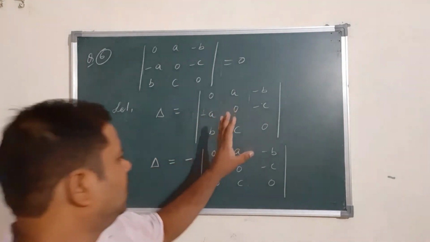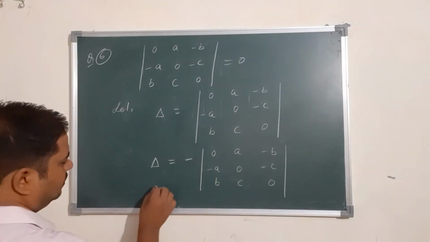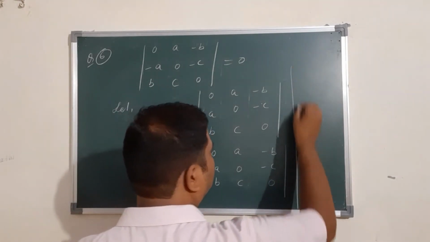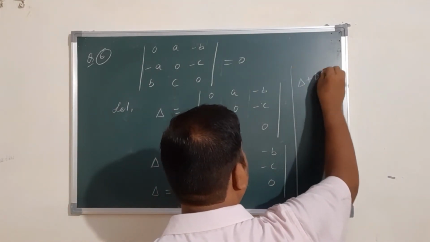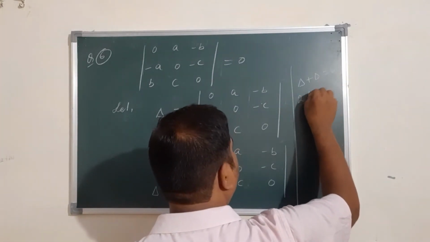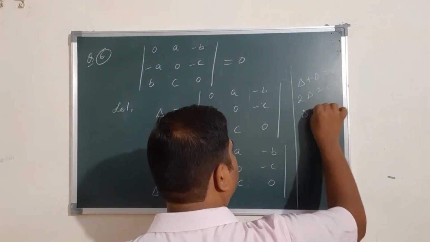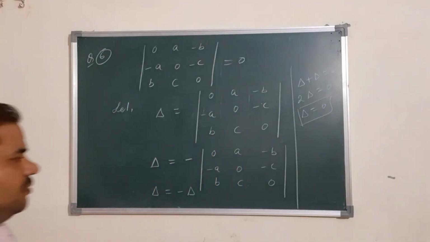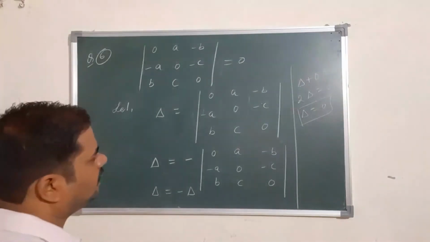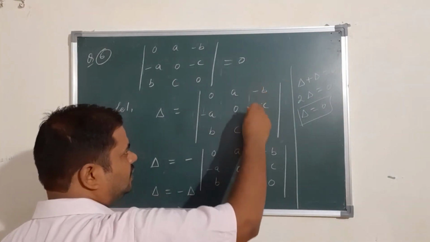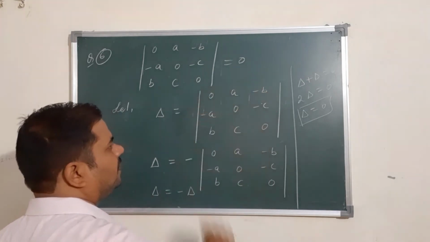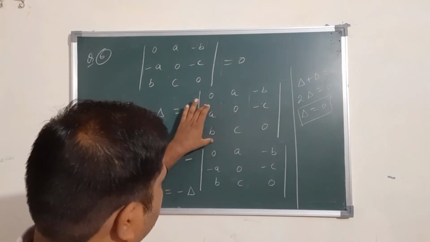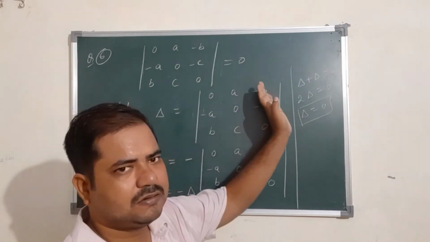Then delta is equal to minus of delta. So delta plus delta is equal to 0, 2 times delta is equal to 0, and delta is equal to 0 because 2 does not equal 0. Taking one minus common from each row, the sign changes three times and the determinant remains the same.